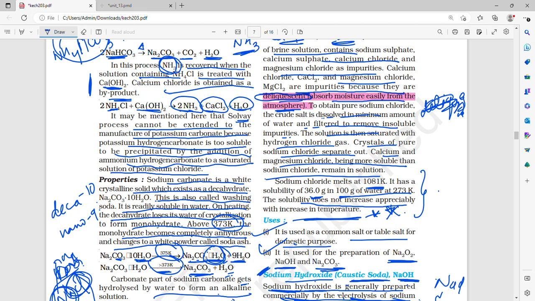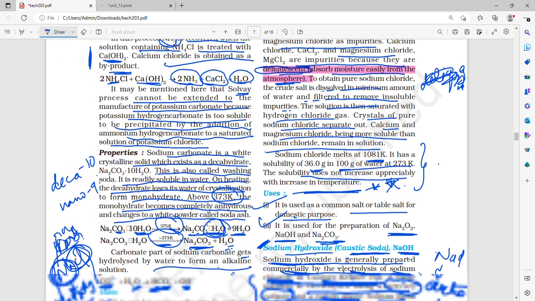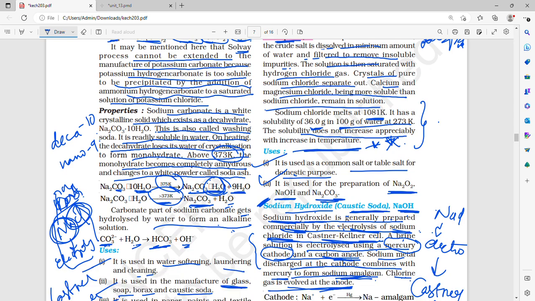On heating, the decahydrate loses its water, that is 10H2O. It loses its water to form monohydrate, so 9 water molecules are lost. But if we heat it above 373 Kelvin, then the monohydrate also loses its water, and it becomes completely anhydrous and changes to a white powder, called soda ash. That is, it changes to only Na2CO3.